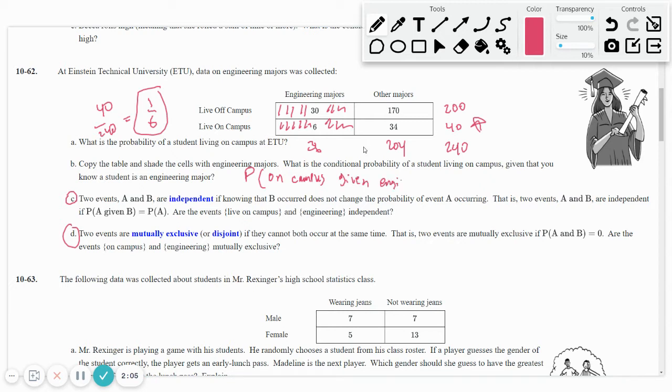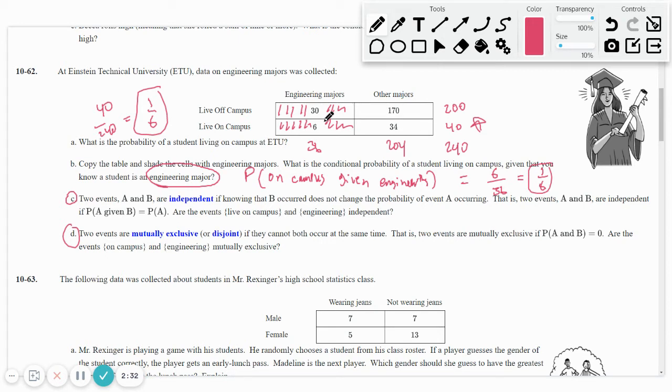Because we have a given question here, it narrows down our sample space to focus on the engineering majors only. So there are a total of 36 engineering majors. Of those 36, 6 live on campus. So out of the 36 students that are engineering majors, 6 live on campus, and if you reduce that fraction, it is also 1 over 6.